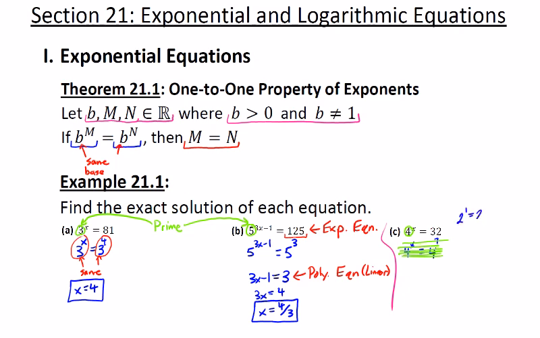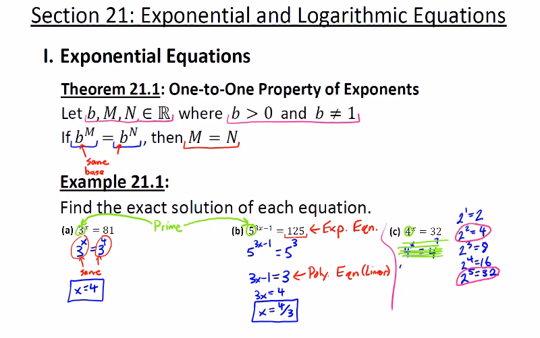2 to the first power is 2. 2 to the second power would be 4. 2 to the third power is 8. 2 to the fourth power is 16, and then 2 to the fifth power is 32. 4 was just too powerful. It wasn't able to give us the right increments to get to 32, but this allows us to not only get 32, but it also allows us to be able to get positive 4.